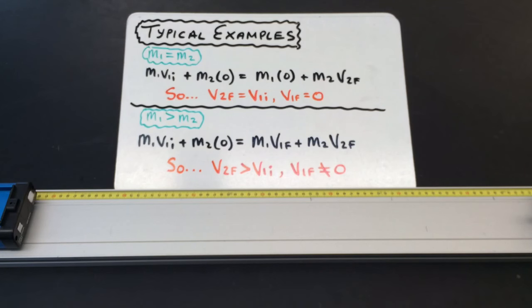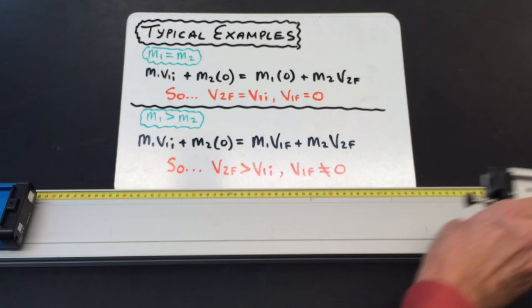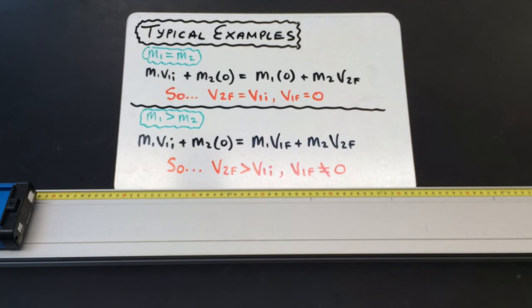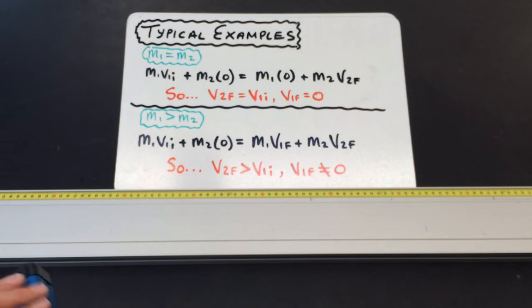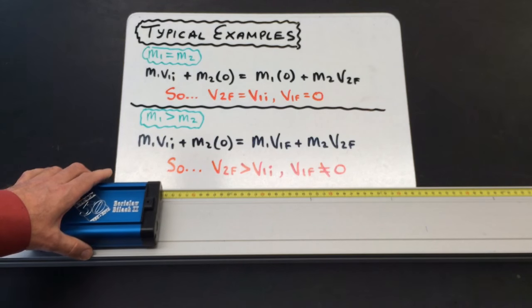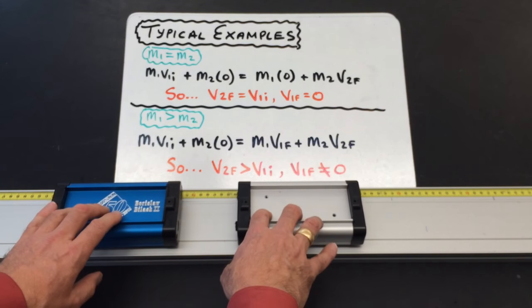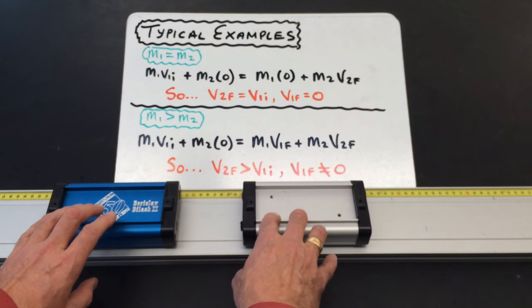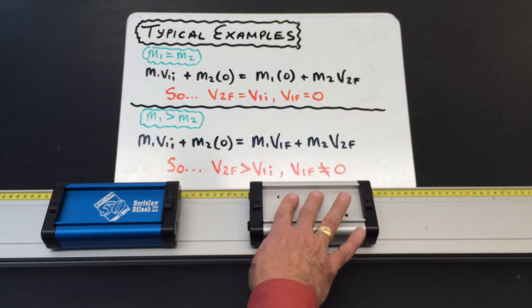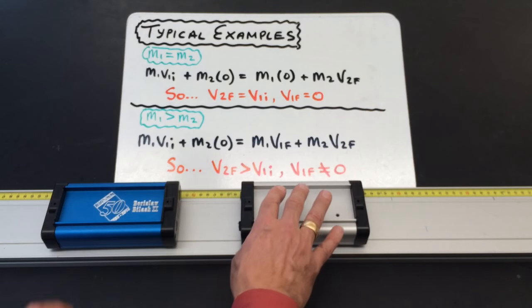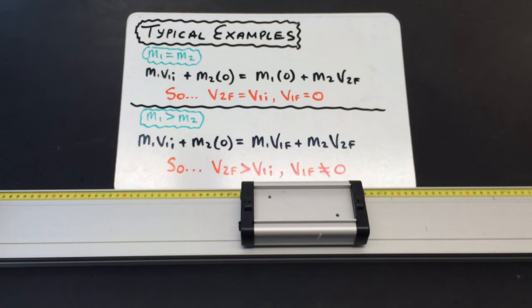So here are a couple of examples that I want to review. Let's begin with taking two objects of equal mass. We have a cart here, and we have another cart here. These two have the same mass. They happen to be 500 grams. Object 2 right here is going to remain stationary, and object 1 will collide into it.